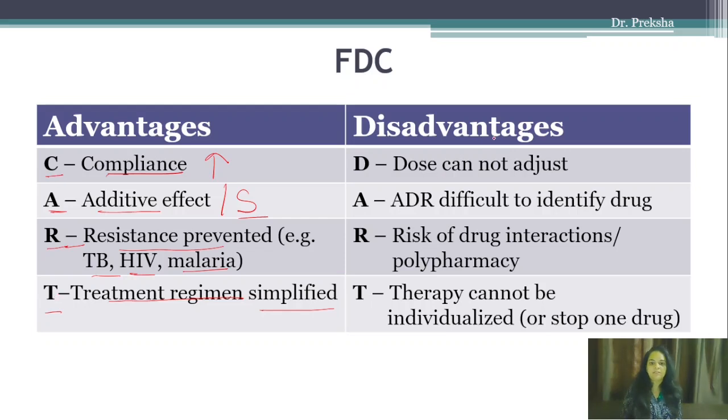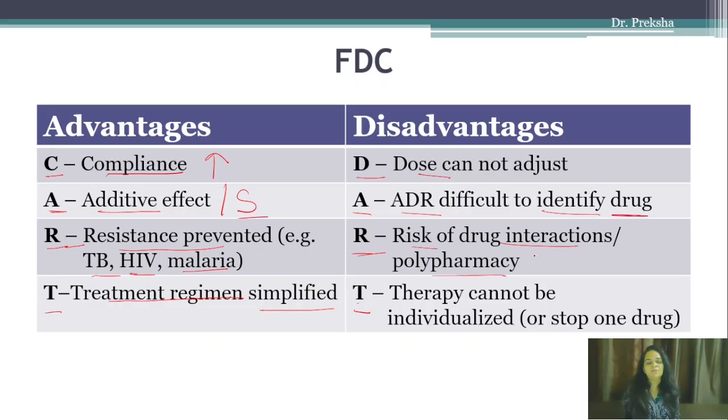Now let us discuss the disadvantages, and that you can remember with the help of DART. So this is the mnemonic. D stands for you cannot adjust the dose of an individual drug in FDC. A stands for ADR. If it happens, then it is difficult to identify which drug has caused this.